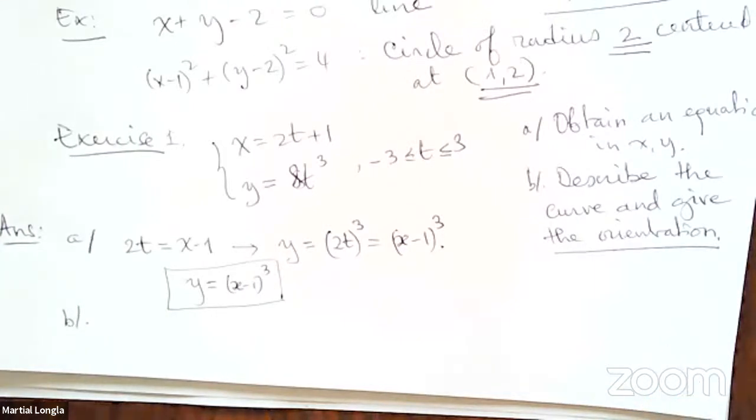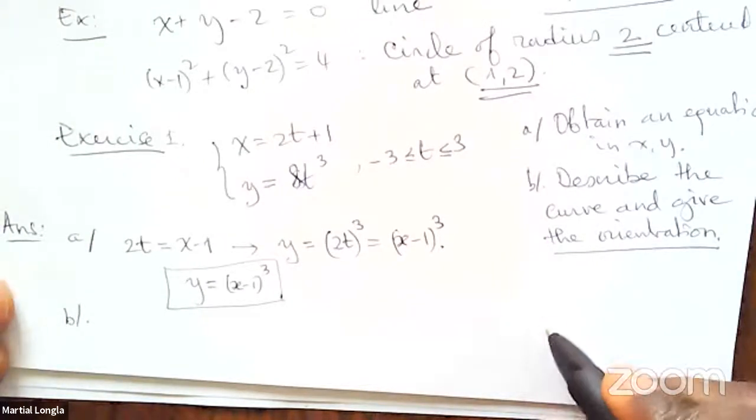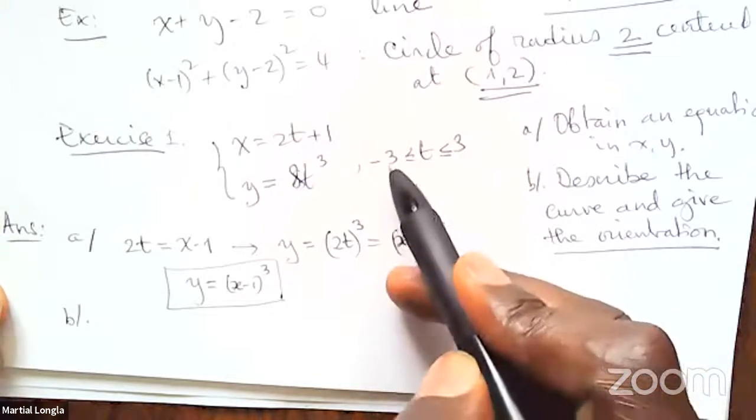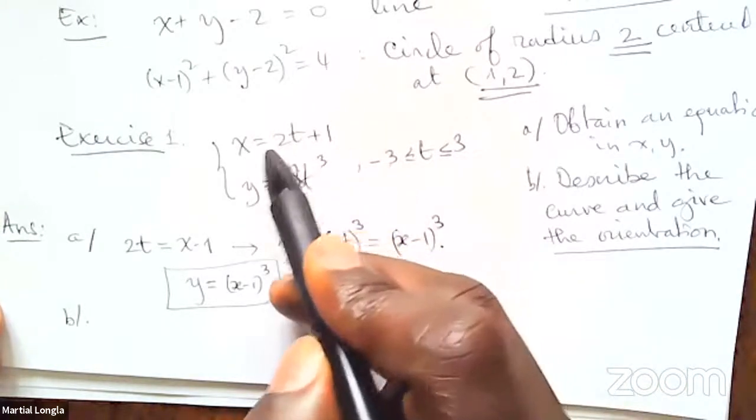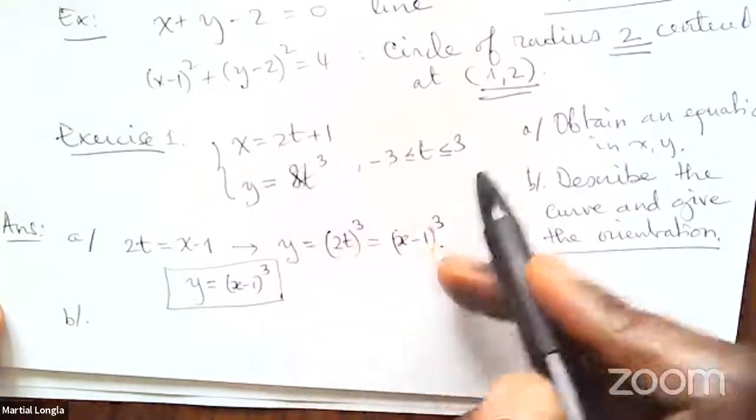When t is -3, this is going to be x equal -5.